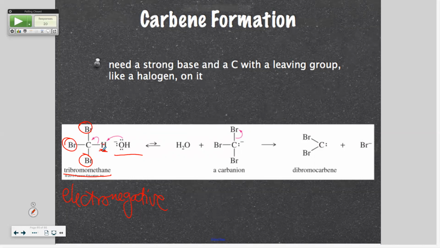If you just had CH4, sodium hydroxide couldn't pull off that proton. So when it does that, you end up losing a bromide ion, and that's how you make that carbene. Isn't that wild? It's real different, very unique. They're real reactive, and they do some special things. They're just introducing them here.